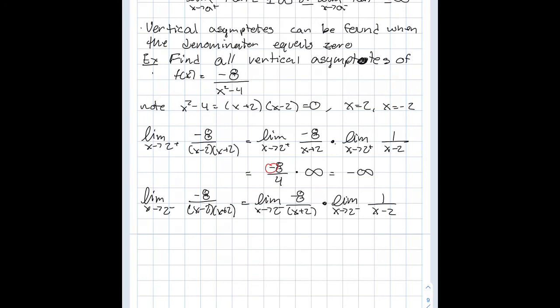We have the same thing as before, we just now have x approaching 2 from the minus side.